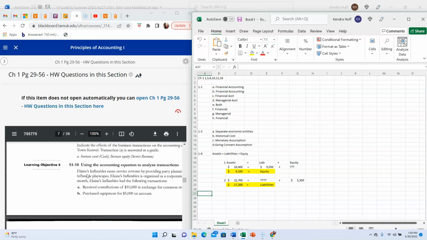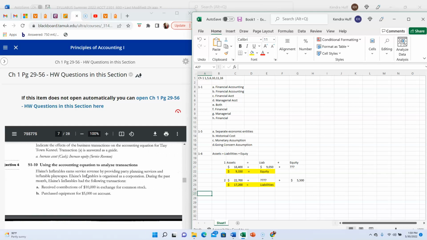All right, number 10. This one we're also going to use the accounting equation. We're basically going to talk about, with each transaction, what's going up or down because of the transaction. Elaine's Inflatables earns service revenue by providing party planning services and inflatable playscapes.